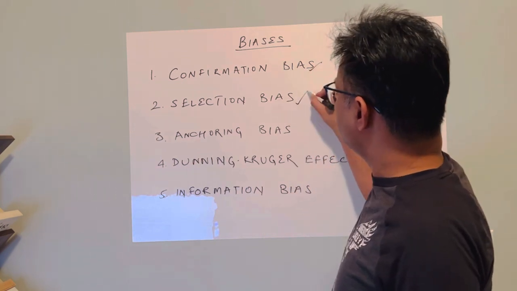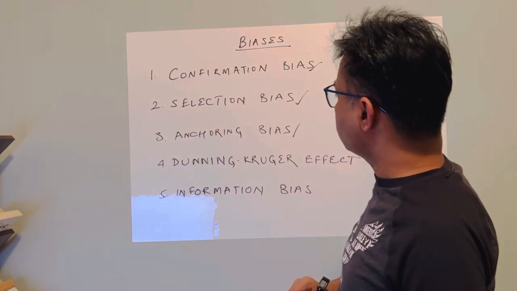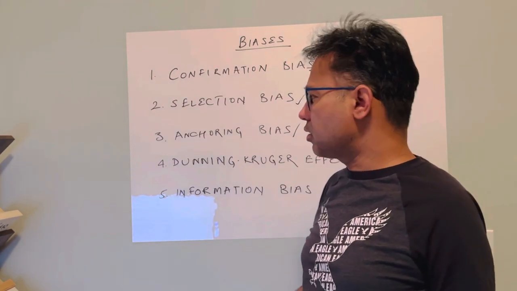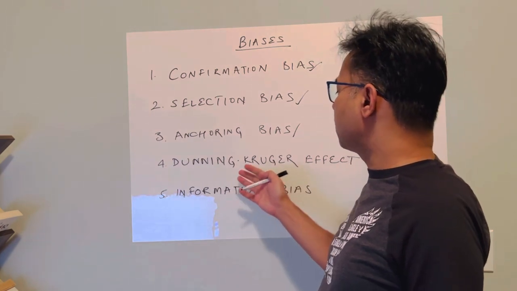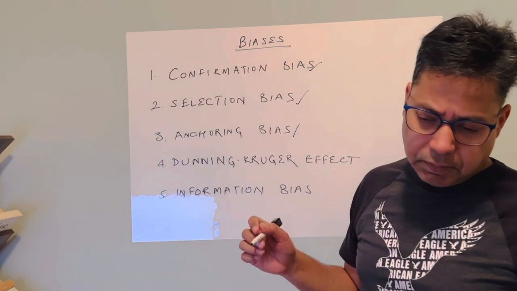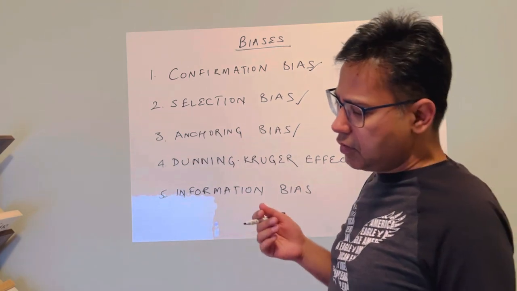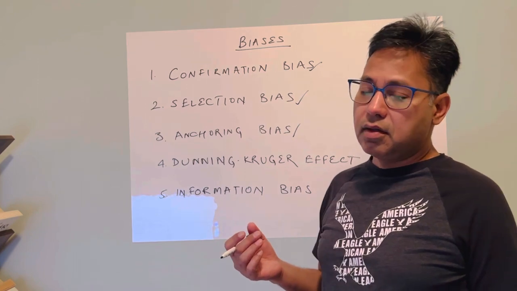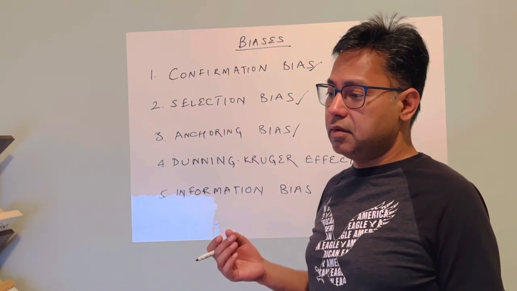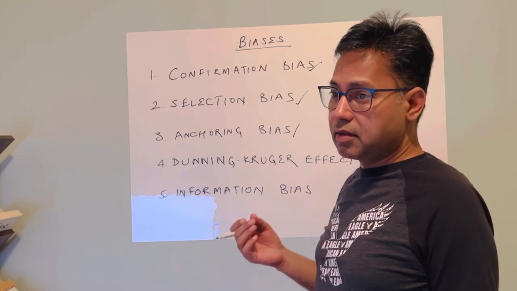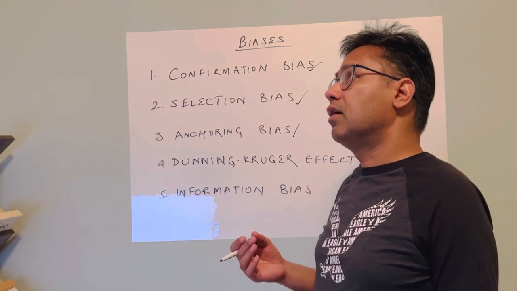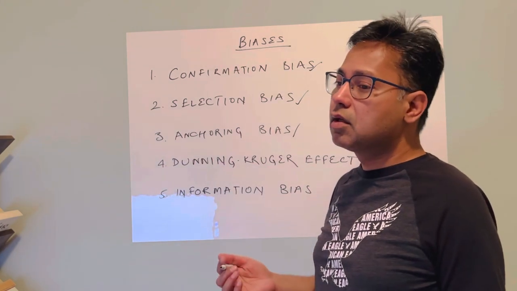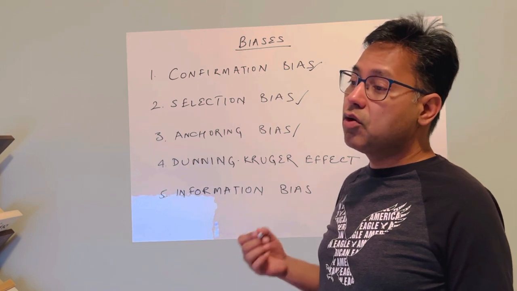So so far we have learned about these three kinds of biases, and the fourth one, which we might have come across already, is the Dunning-Kruger effect. Essentially, it's our tendency to think of ourselves as more confident or more knowledgeable when we know very little about something.